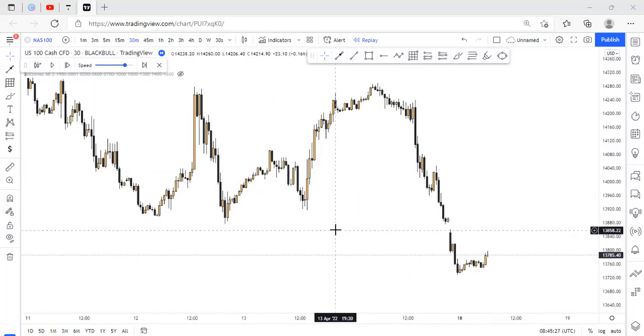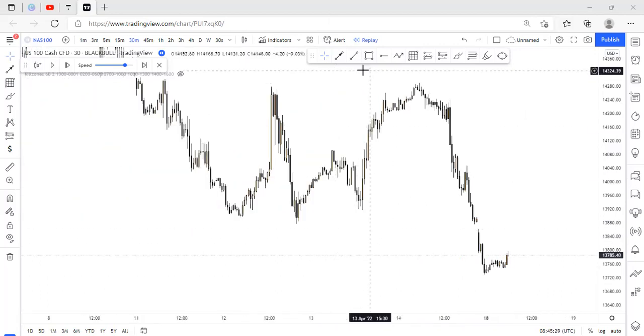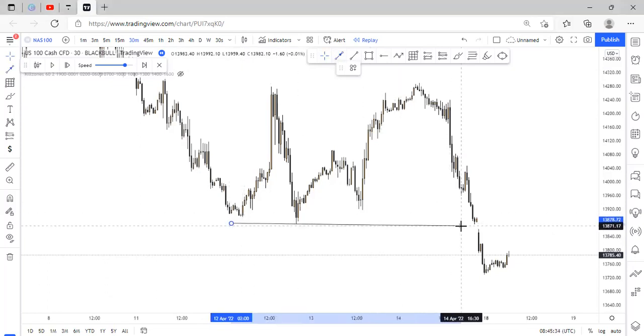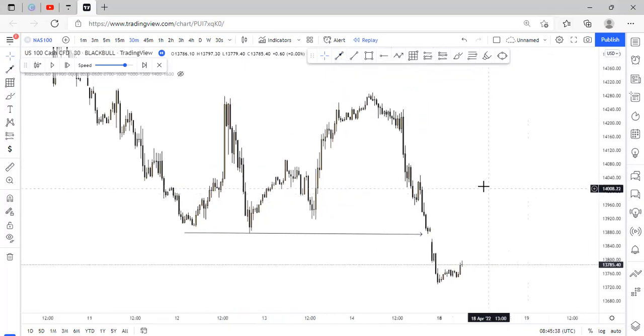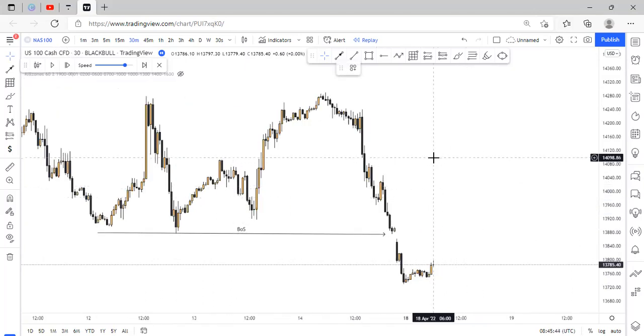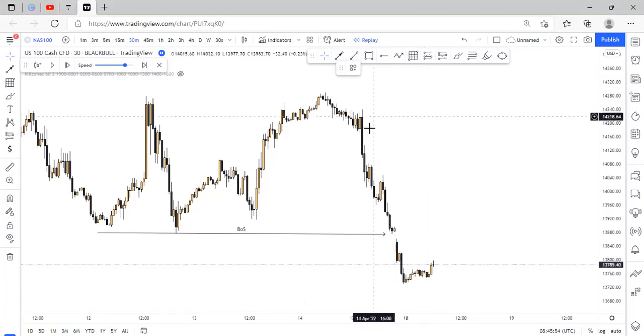So on this 30 minutes time frame, I realized we broke below this last low in the market. We had a break of structure from right here, and as you know, when we have break of structures like this to the downside, there is always a supply zone, order blocks responsible for these break of structures.